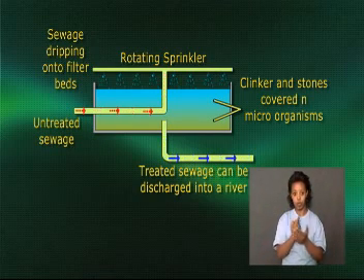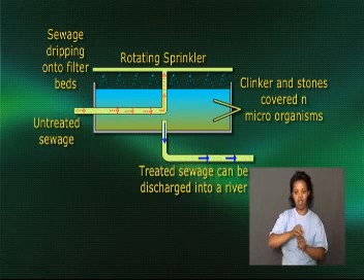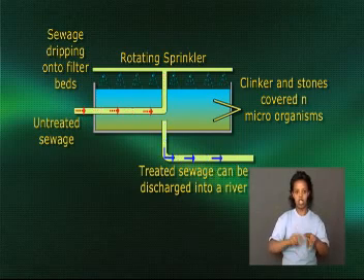By the time the sewage reaches the bottom of the bed of stones, the polluting organic material has been removed. The sewage may need to recirculate through the percolating filter method more than once to ensure the organic material has been sufficiently filtered. Let us do an activity regarding what we just studied.